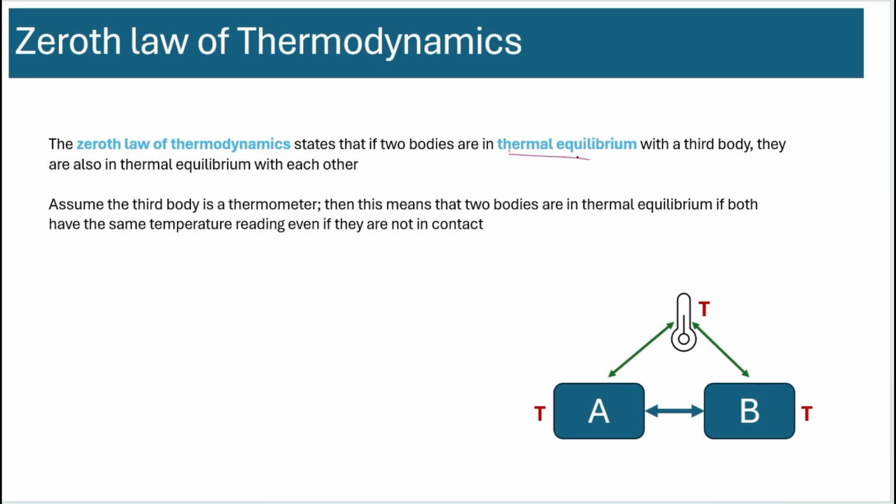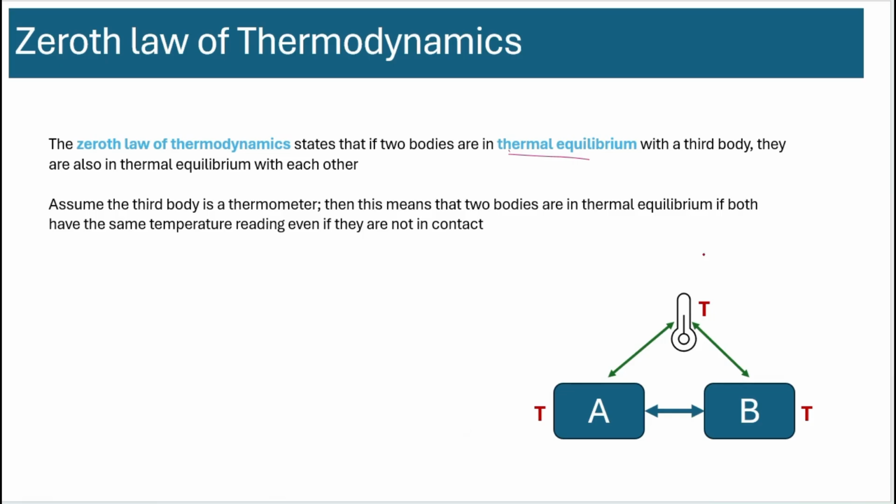If two bodies are in thermal equilibrium, there is no temperature difference between them. If they're in contact or not in contact, if there's radiational heat transfer happening but the temperatures have equalized, then there is no effective heat transfer between them. They're in thermal equilibrium.